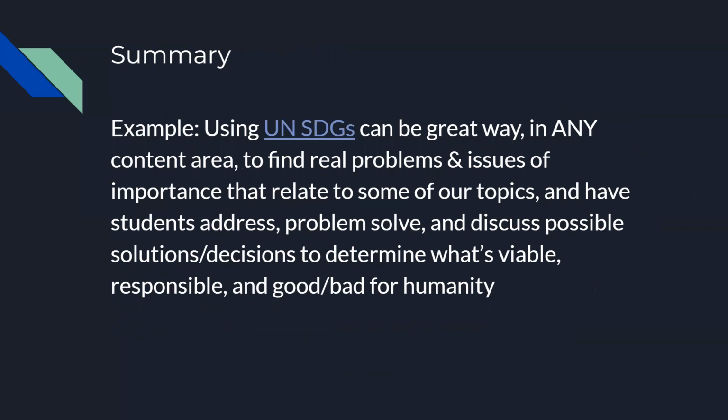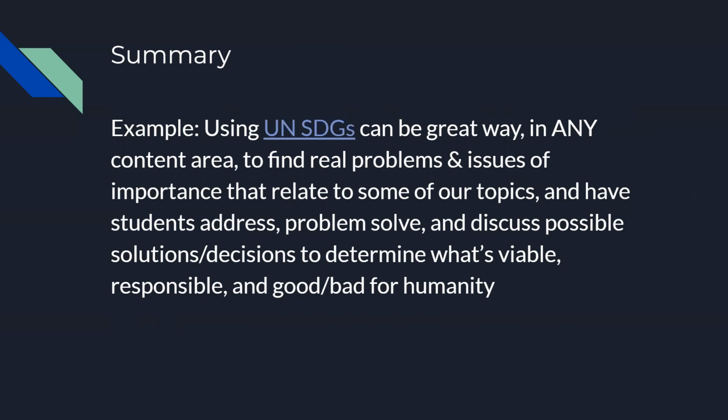And just a suggestion, one of my personal favorite ways of getting at problem solving, and especially with the ethics of it and consequences of one's actions, I like using the United Nations Sustainable Development Goals, the SDGs. If you are looking at the slide decks, the link is here, or you can just look it up online.